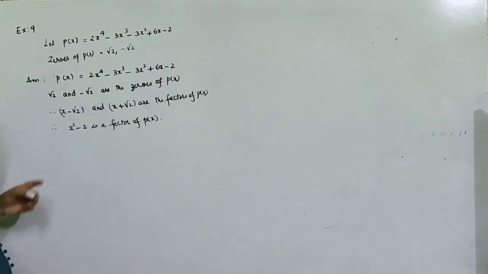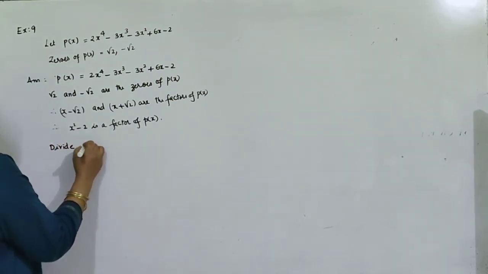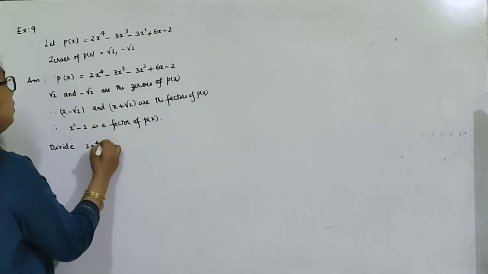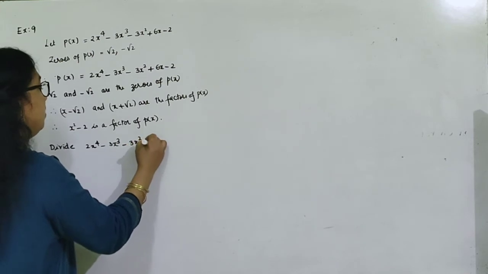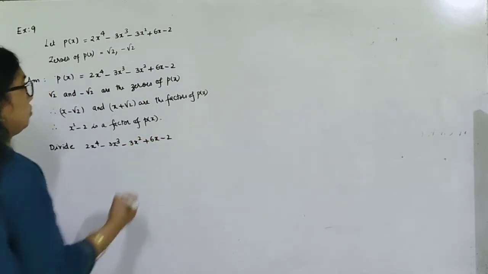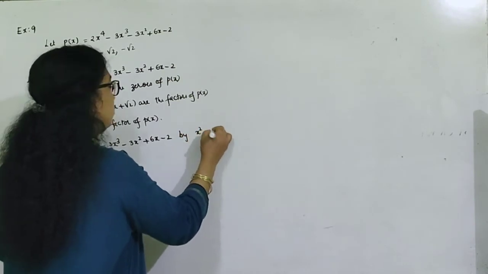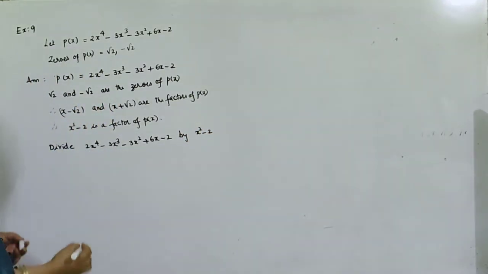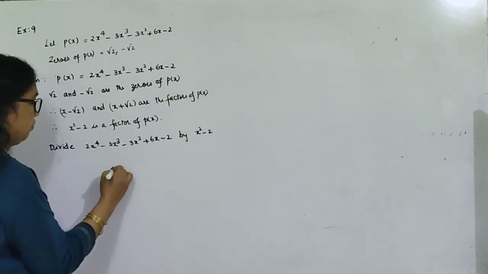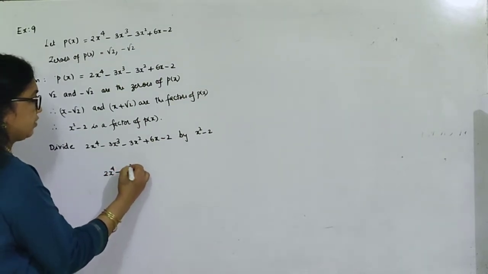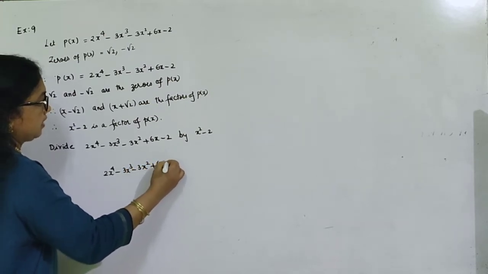So now divide 2x raised to 4 minus 3x cube minus 3x square plus 6x minus 2 by x squared minus 2. Now you learned how to divide, so write 2x raised to 4 minus 3x cube minus 3x square plus 6x minus 2.